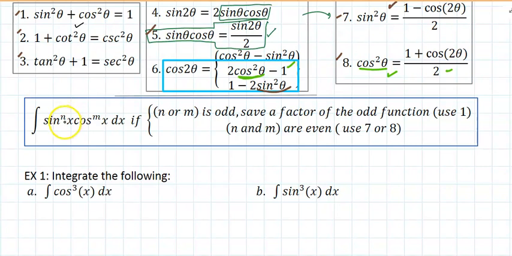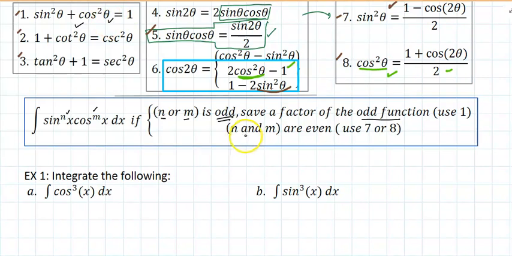So, sine to the n, cosine to the m. If n or m, either one of those is odd, then save a factor of the odd function. If it's the sine that's odd, save a sine. If it's a cosine that's odd, save a cosine. That's your du. And use number 1 right there.